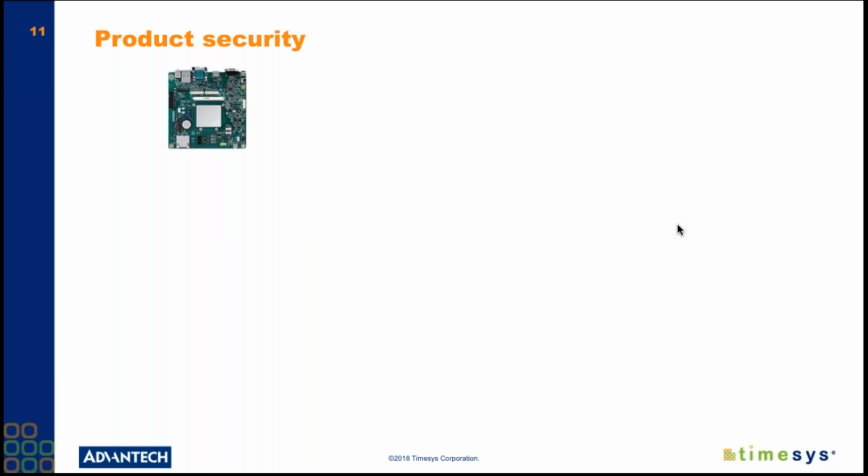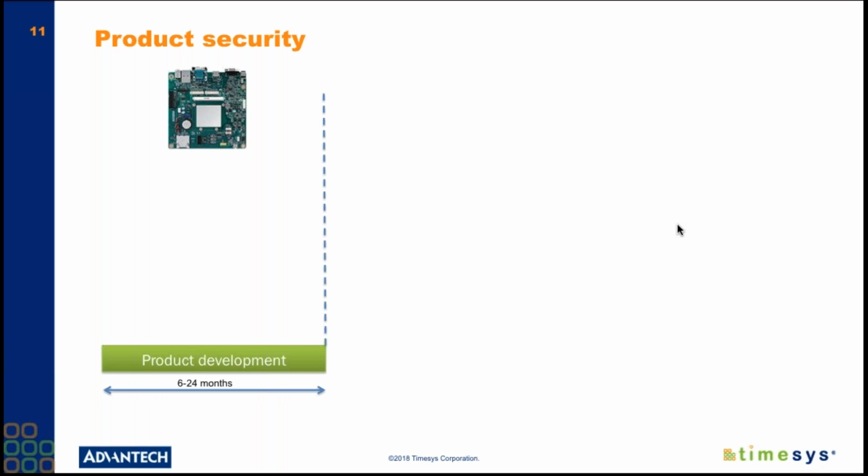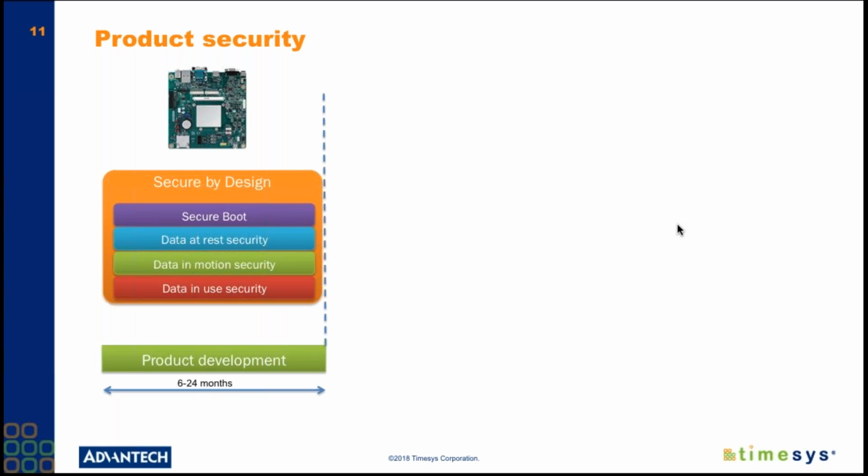And so when designing security, typically in a product, we are starting with designing a prototype or designing a product using reference boards. In that product development phase, which can take from 6 to 24 months for some projects, probably even longer, when we look at the security, we would start thinking about how to authenticate the software and how to protect the data that a device is handling.